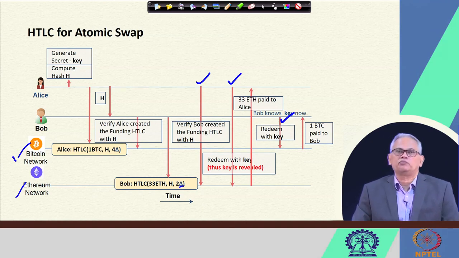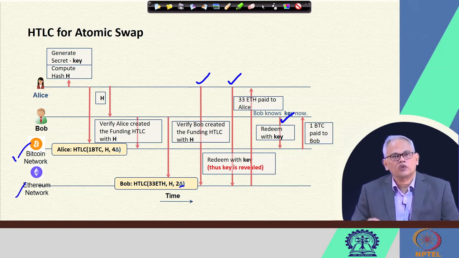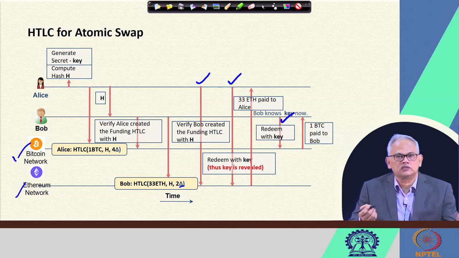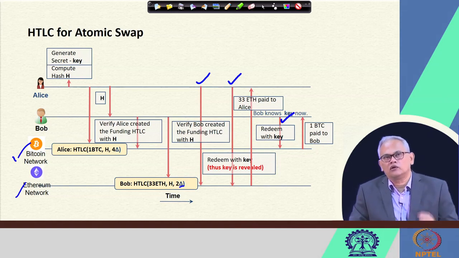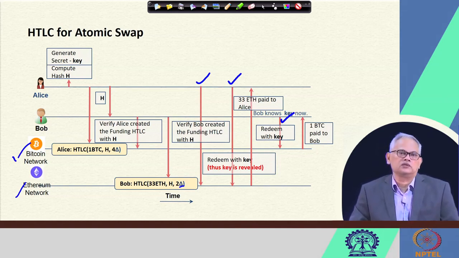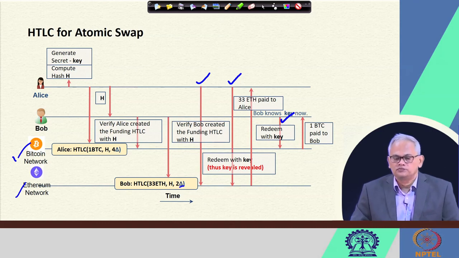So, 1 Bitcoin gets paid to Bob. In this manner, as soon as this key is revealed, both of the parties can get their own cryptocurrencies: 1 Bitcoin goes to Bob and 33 ethers go to Alice.